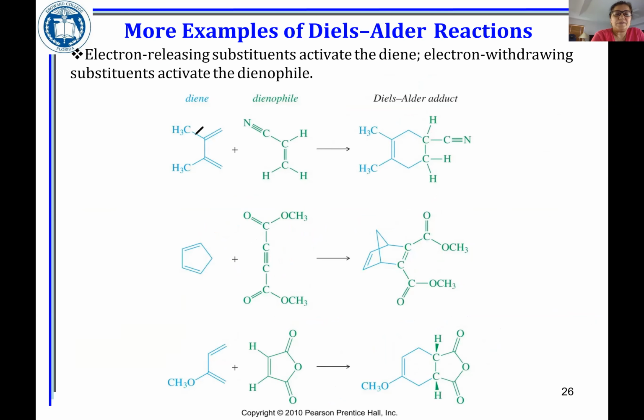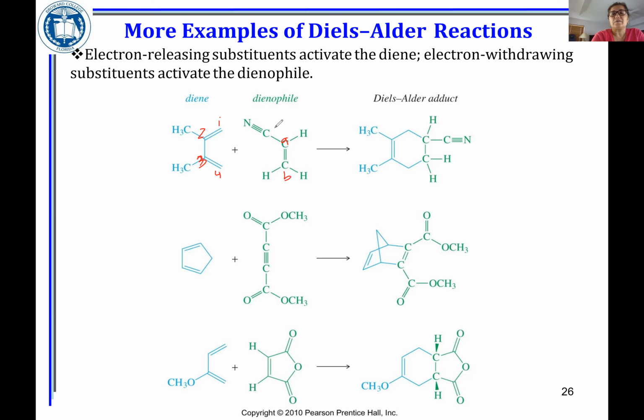Now, for the diene, I'm going to number it again, 1, 2, 3, and 4, and dienophile A and B. Okay. So the diene and dienophile are just the basic part of it. It will stay the same.